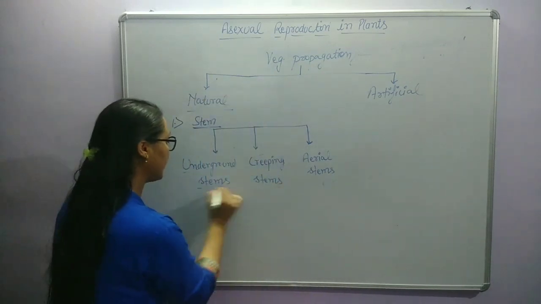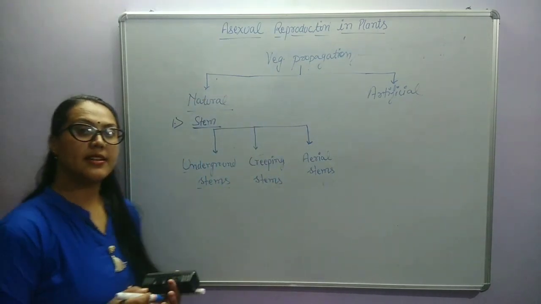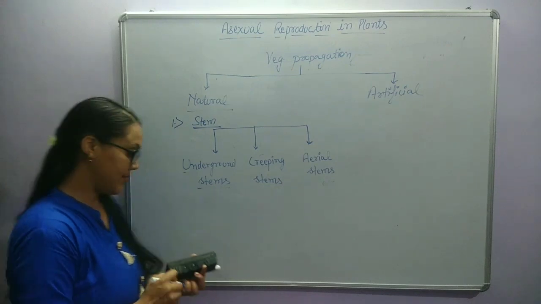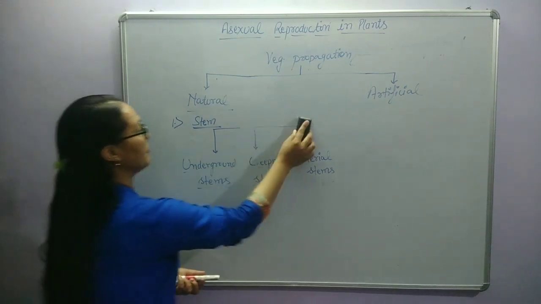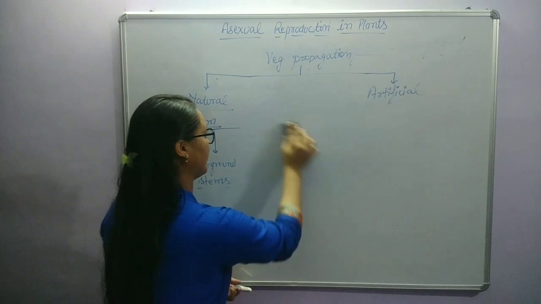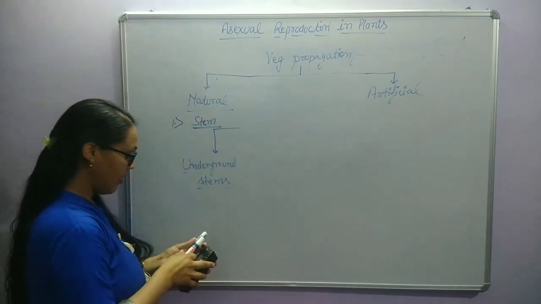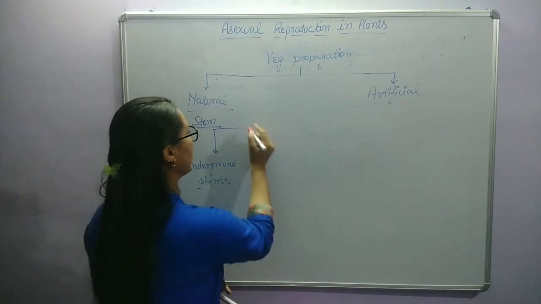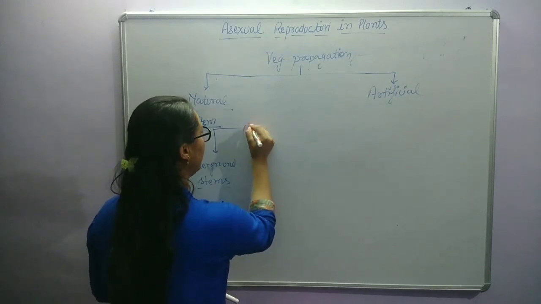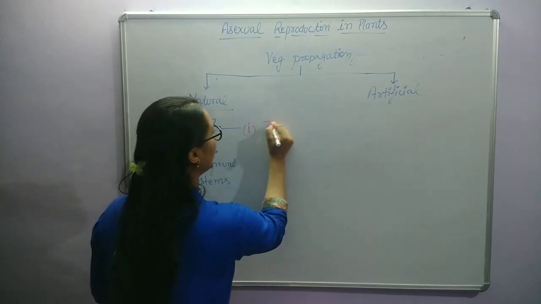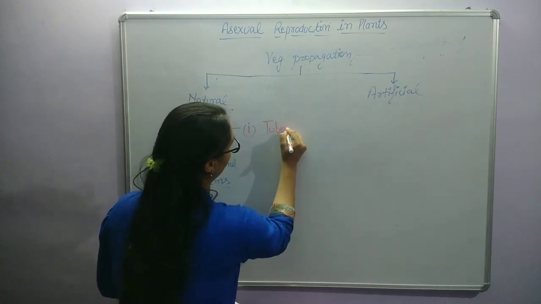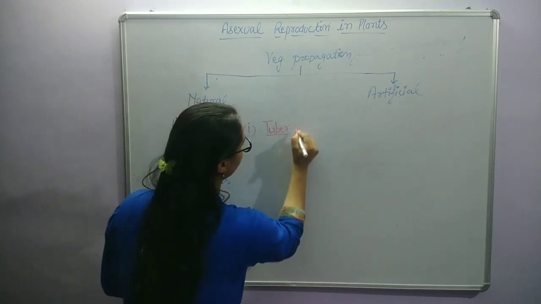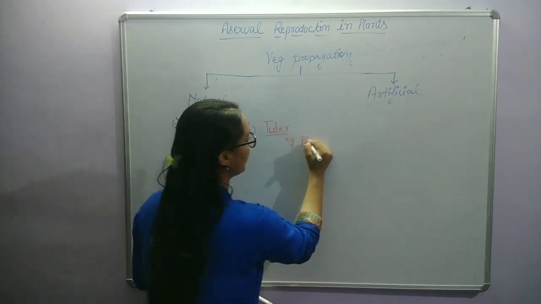So taking the first category, that is underground stems. In case of underground stems, first that we will study is a tuber. Tuber example is potato.